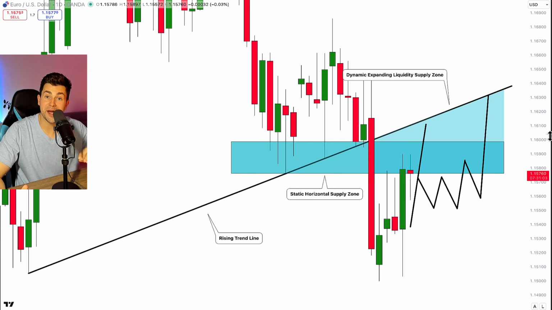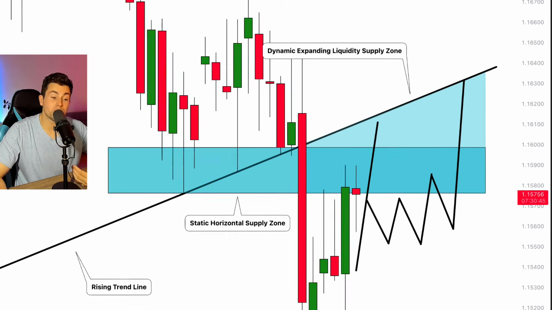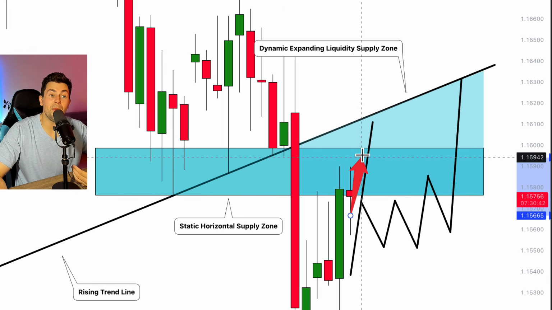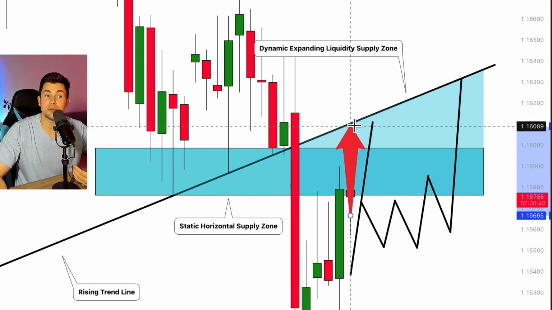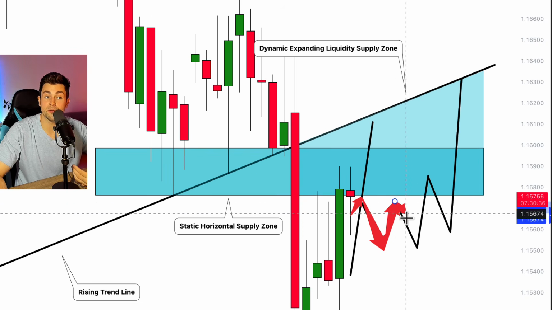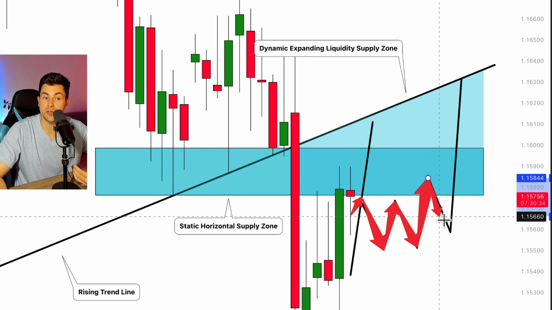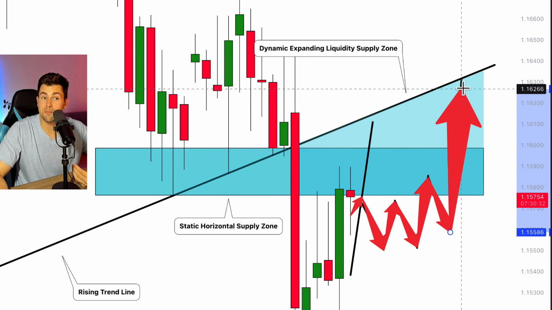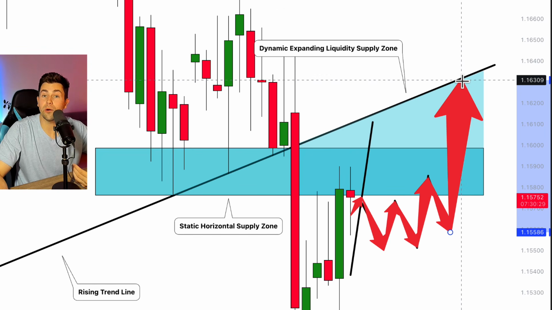The upper boundary of that supply zone will be higher and higher with time. It means that if the price goes up now, the upper boundary of our liquidity supply zone will be here. But if the price starts consolidating and we see a sideways price action first and then the price moves up, our upper boundary will be right here.